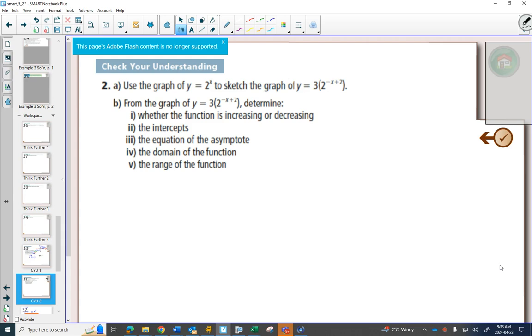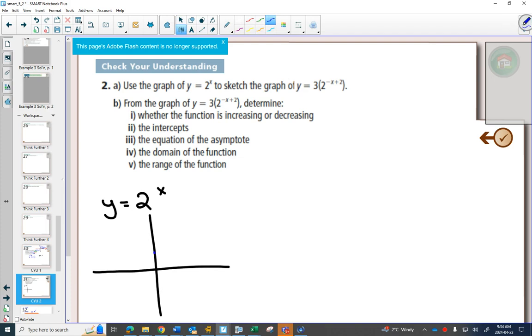Use the graph of y equals 2 to the x to sketch the graph of 3 times 2 to the negative x plus 2. We are going to review our very first unit. Hopefully by now you're feeling quite confident in your transformations. So what's always going to happen is you're going to think of your parent graph.